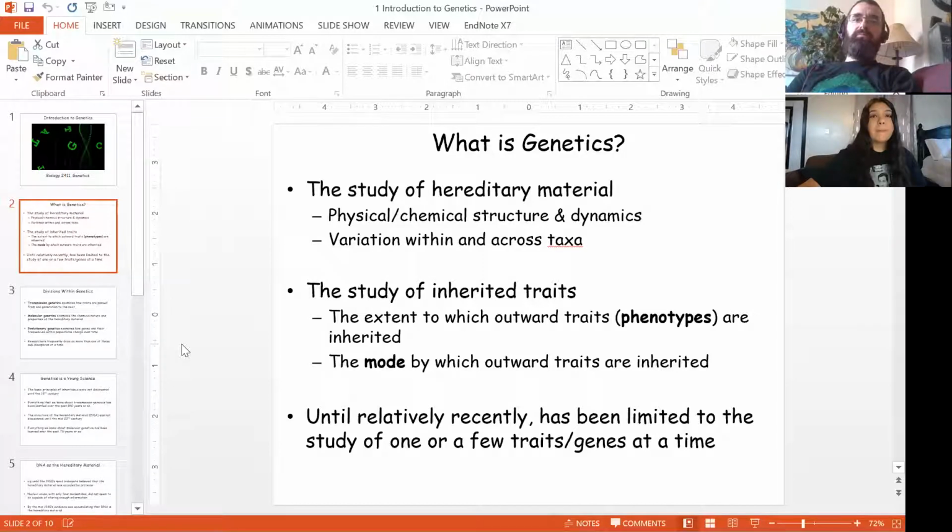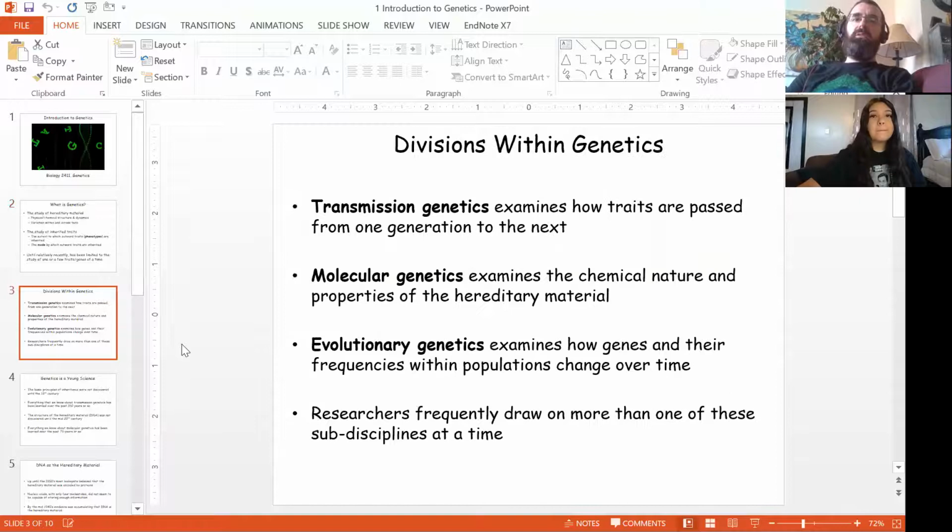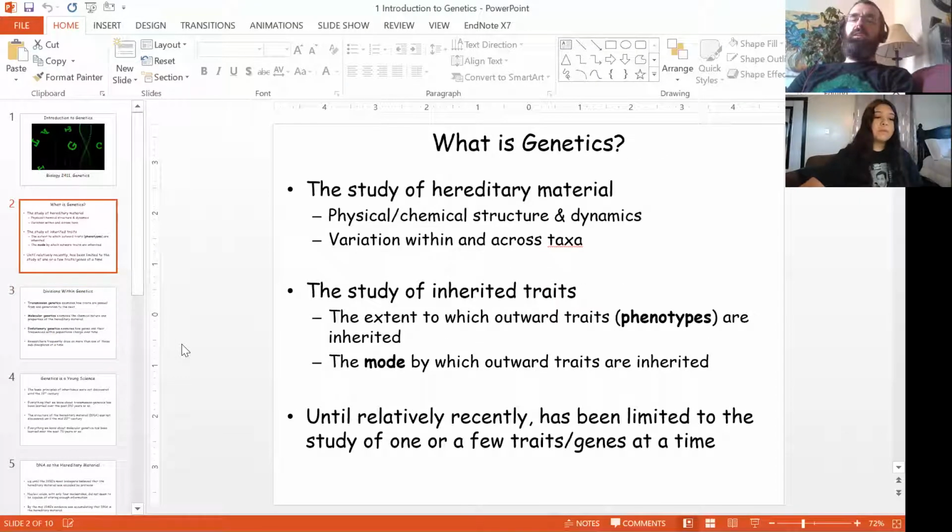And this is also obviously a field of study that has been going on for millennia. In terms of its being called genetics, this is something which is 150, 170 years old, give or take.